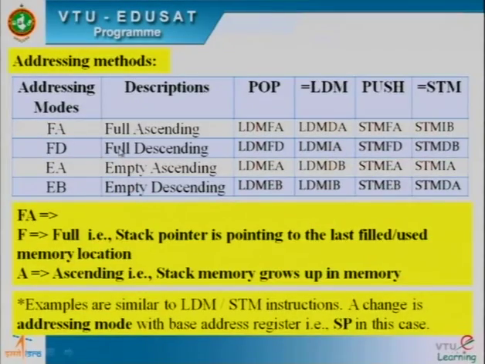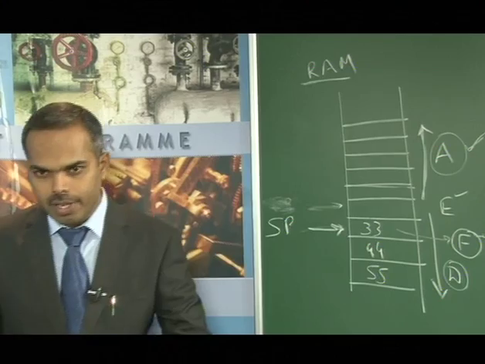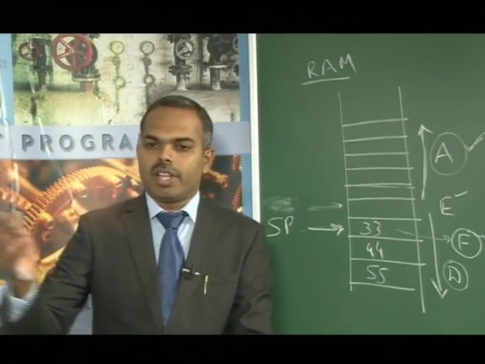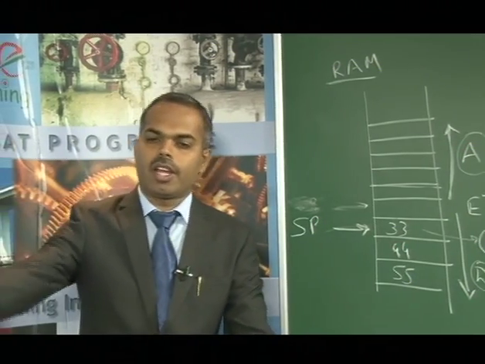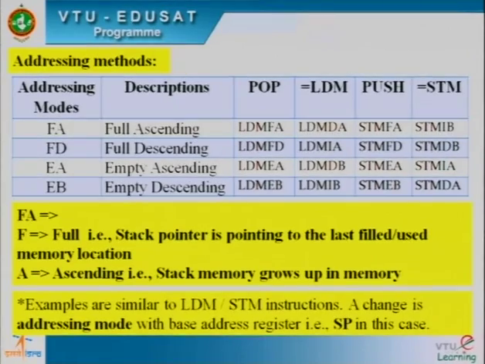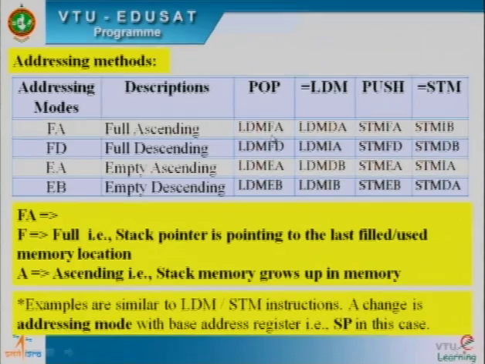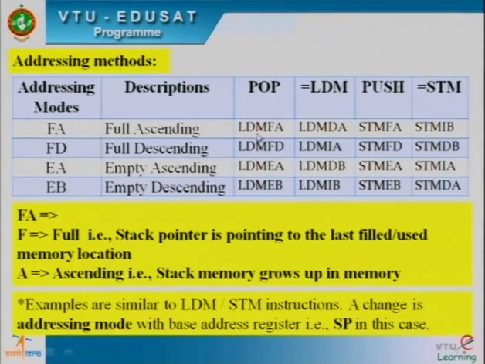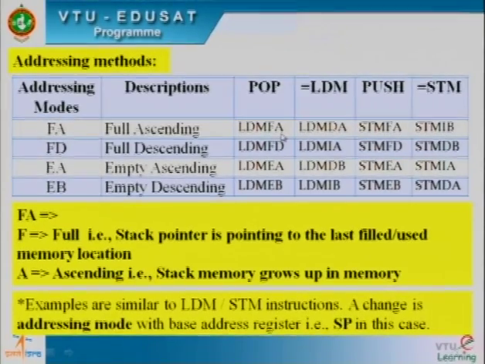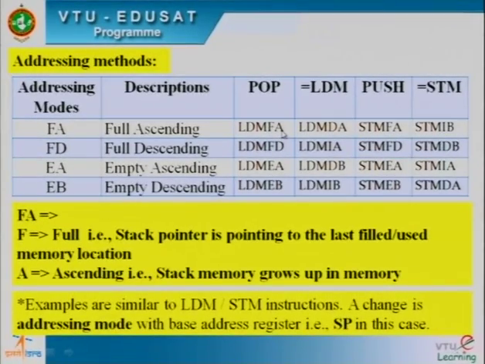With this addressing mode, a pop instruction means loading the register values from the stack memory location. This is done using LDMFA. LDM is load multiple registers from a full ascending stack. Full ascending. Hope this board gives you a clear understanding.